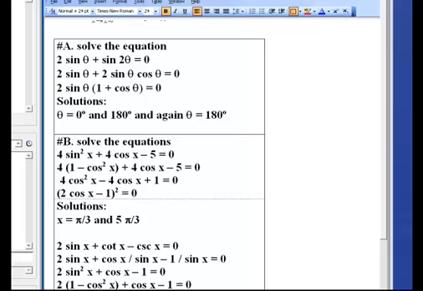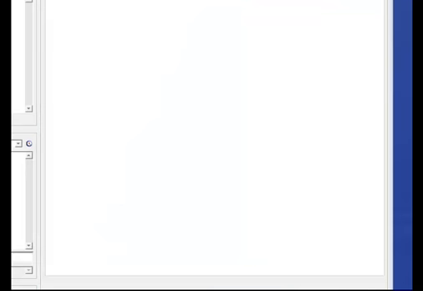Let me actually go ahead and use the graphing calculator on the original one to see if the x equals 0 is extraneous. Okay, so let's go over there.